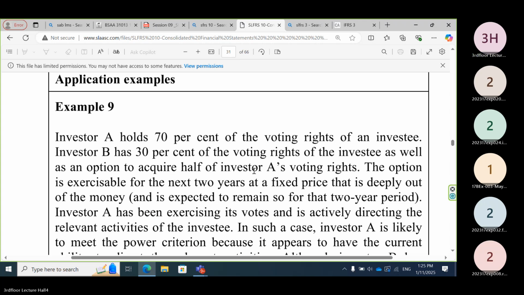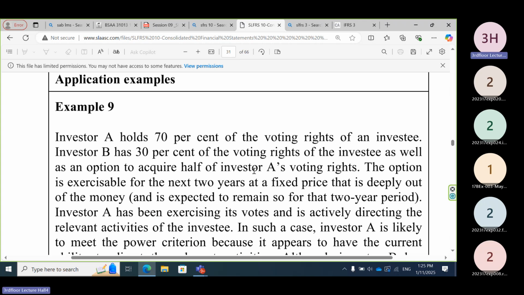30%. It clearly says B has kind of an option to purchase half of A's shares at any time. It may be called an option. 50% of A's shares can be purchased by B anytime.